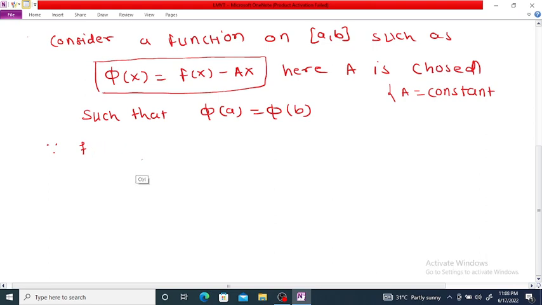Now phi of x is continuous on the closed interval [a, b]. Why?